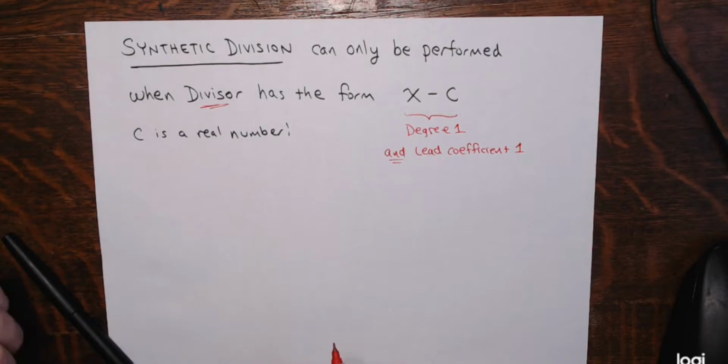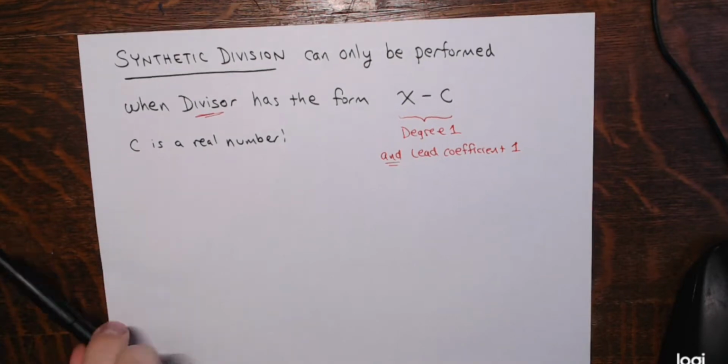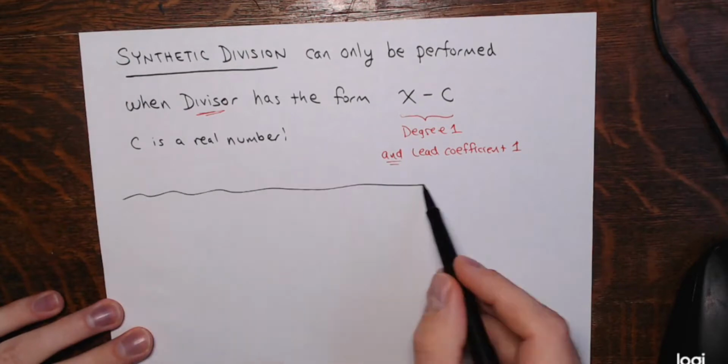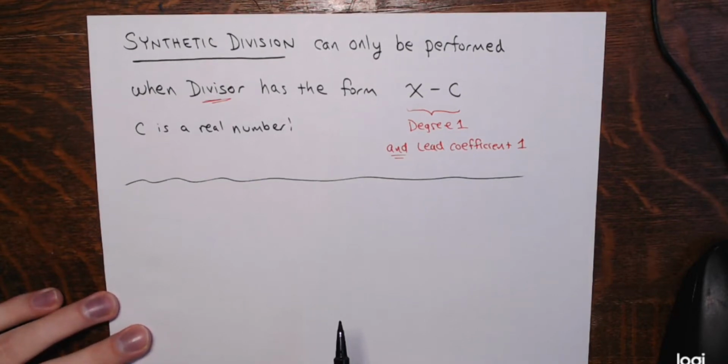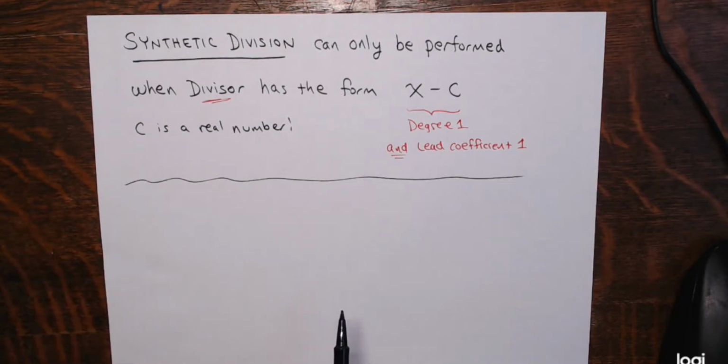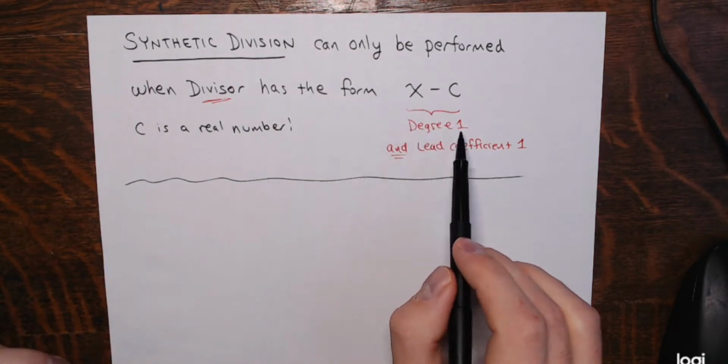That is the only time you can apply synthetic division. Now you can always use long division. If you know how to do long division, you can do that every single time if you want. Synthetic division, though, is very much shorter. It's a shortcut for long division when you're dividing by a degree 1 polynomial with a lead coefficient of 1.